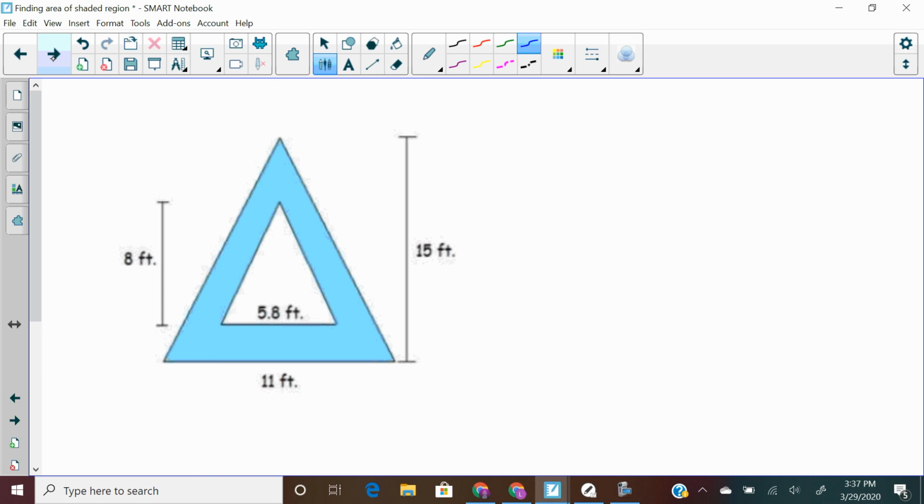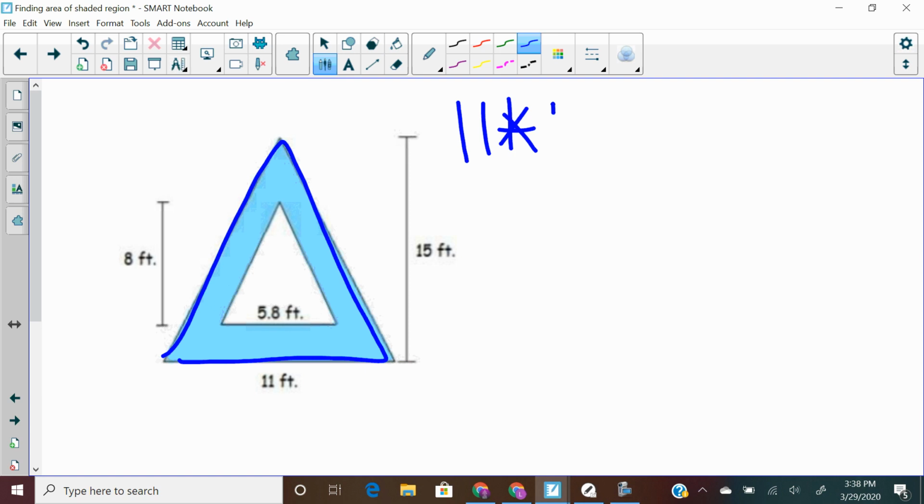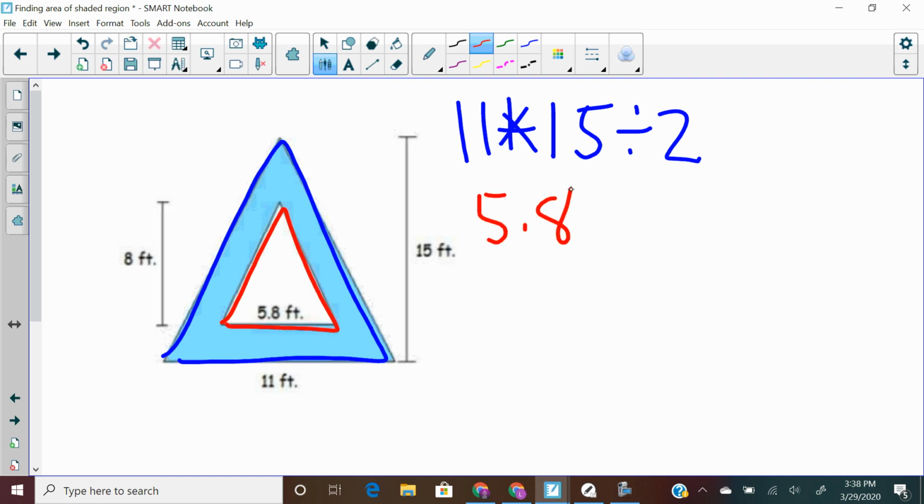Okay. This next example is a triangle within a triangle. The outside triangle has a base of 11 and a height of 15. So I'm going to do 11 times 15 divided by 2. The inside triangle has a base of 5.8 and a height of 8. So 11 times 15 divided by 2 is 82.5.